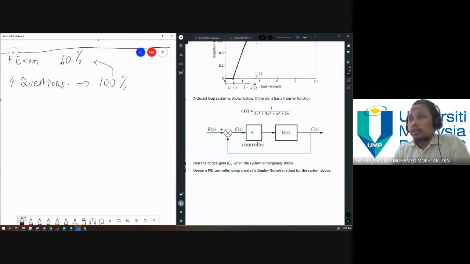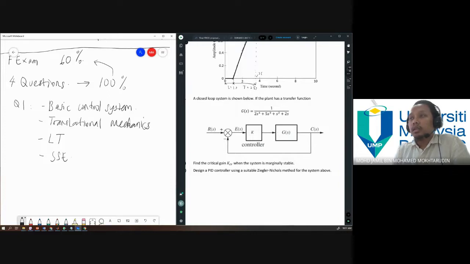I think question 1 is about basic control system, back to lecture 1, and then maybe translational mechanics, Laplace transform, and also steady state error.